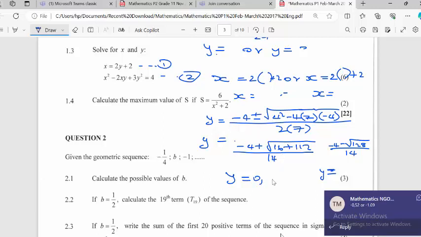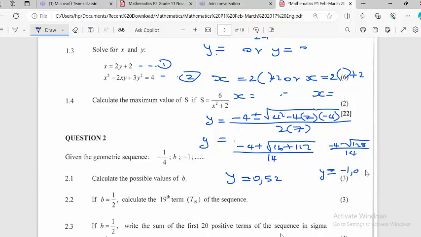As well as negative 1.09. Yeah, this is what we have, so this is what we must use. Although they seem very strange to me, these numbers for simultaneous, but you use what you get.